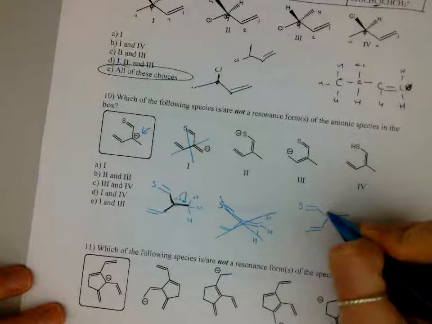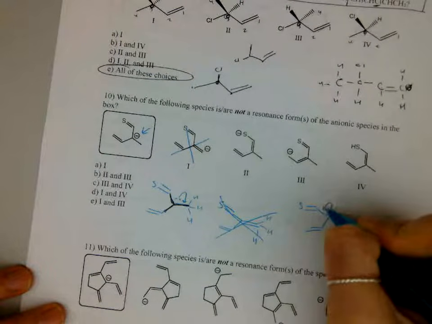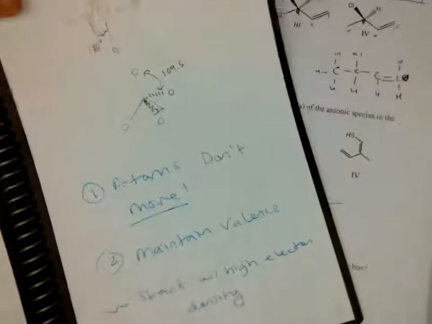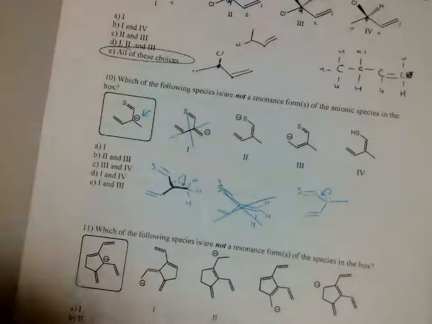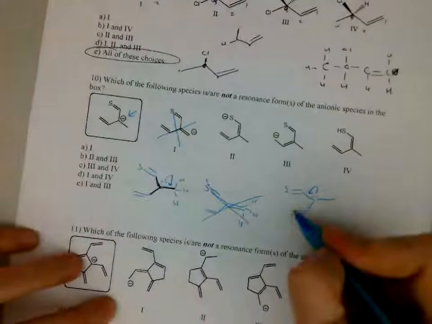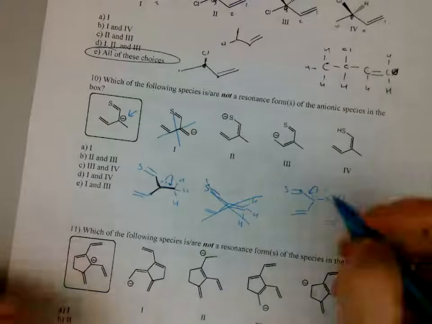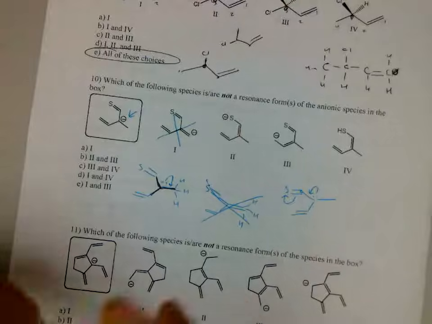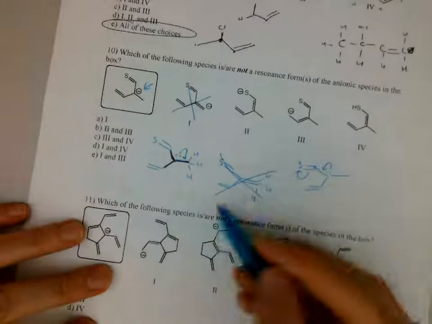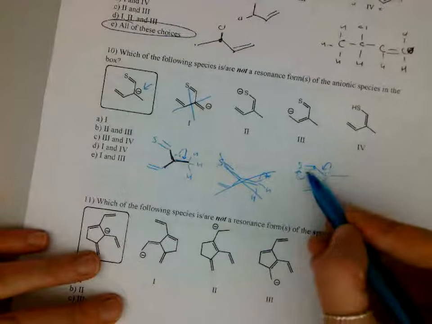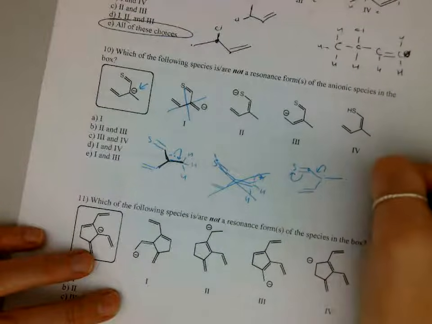The next place that structure could go would be here. Now, one of our rules is maintain the valence. So a new bond was formed to this carbon right here. So we can break a bond to move to an electron, a lone pair. Here, if we broke a bond, a hydrogen would leave. That's not going to happen here. It will form a lone pair on the sulfur.